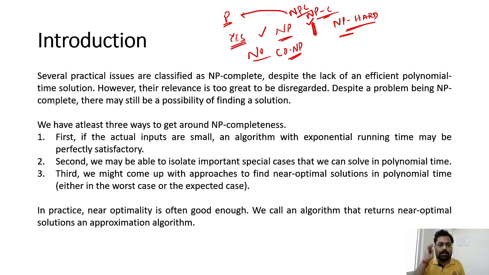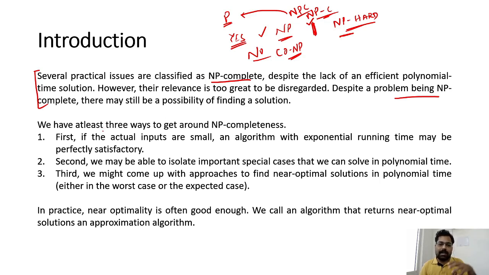That's why we have approximation, which we'll discuss now. Though the first line I have written here is about NP complete, for certain NP complete problems there is a hope to find a solution.